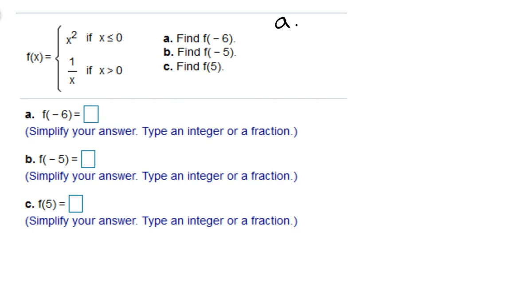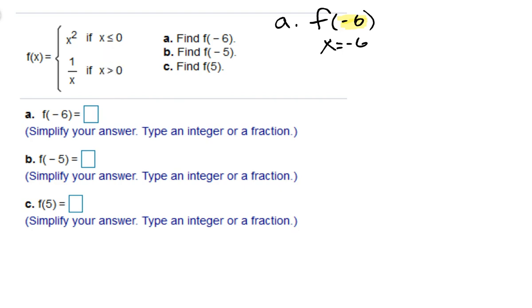So part A, f of negative 6. This notation is telling me what the x coordinate is. This is telling me that x is equal to negative 6. So then I'm going to go over to my piecewise defined function, and I want to go to the conditions and decide which equation to use.